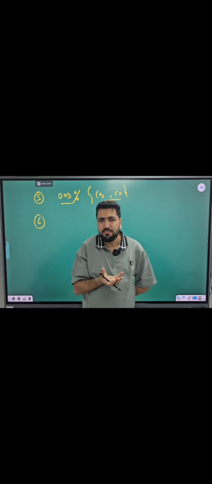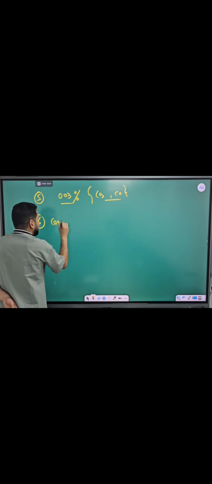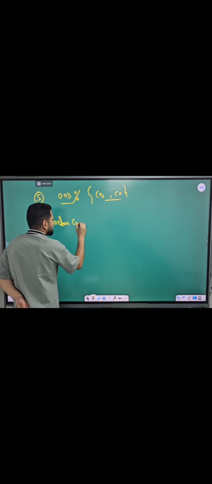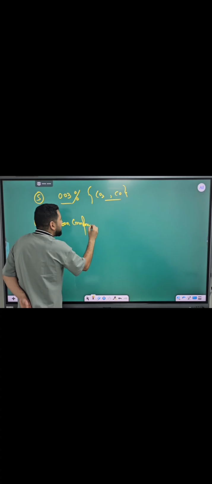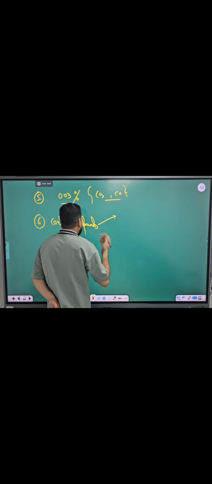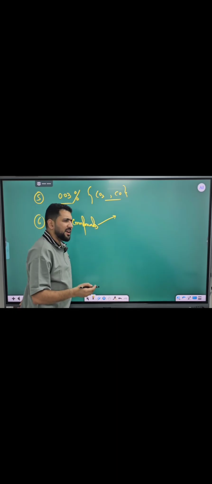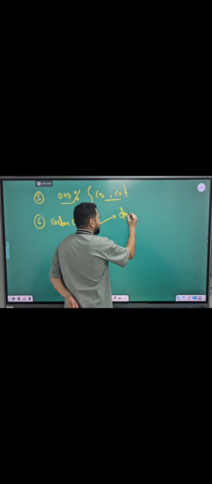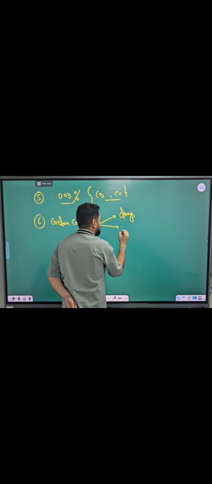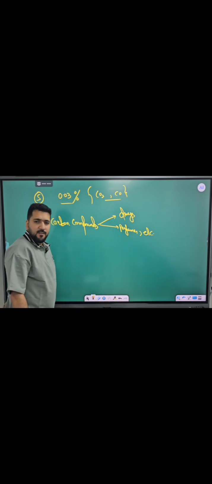Point number 6 about this carbon: carbon forms carbon compounds, right? If I talk about the application and utility of these carbon compounds, we use them in making different drugs, perfumes, and many other things.